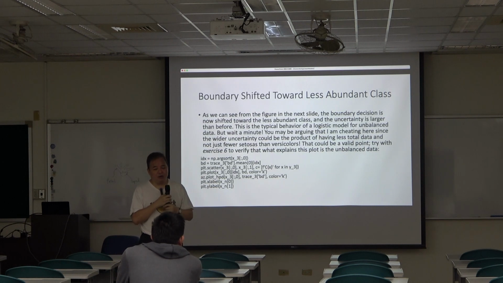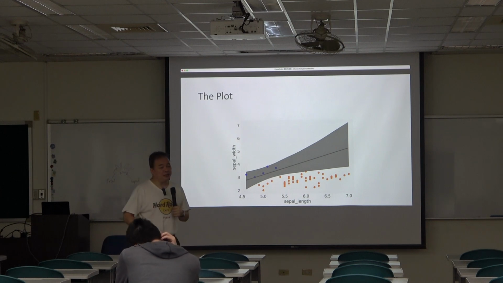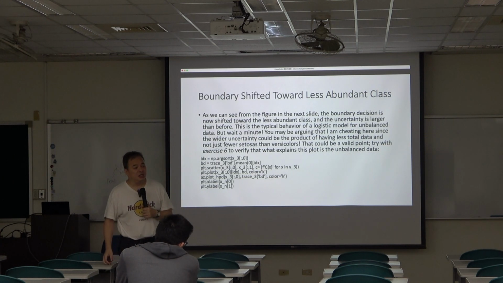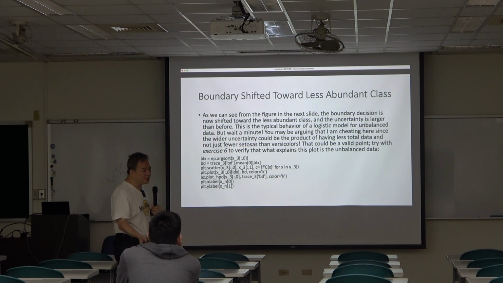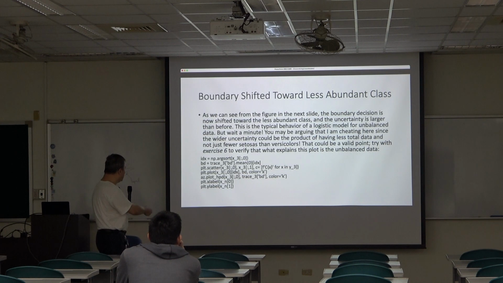Let's see how wide that 94% HPD is. You can compare with this one and see if this is caused by an unbalanced data set or not. By the way, this is one of the questions in homework 4, so just want you to be aware. I leave this in homework 4 for you guys. You can try to do it yourself. All the code is there, so you can generate the figure very easily.